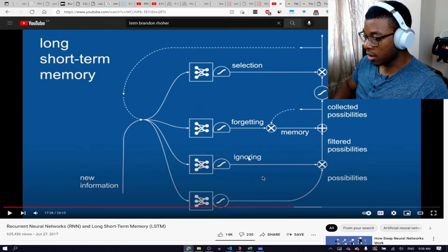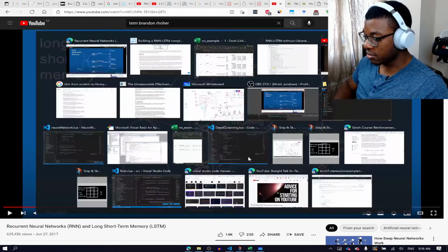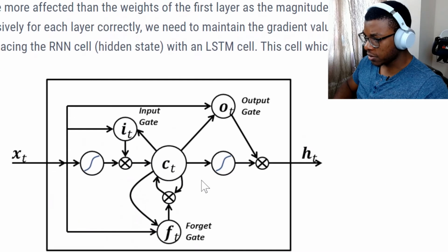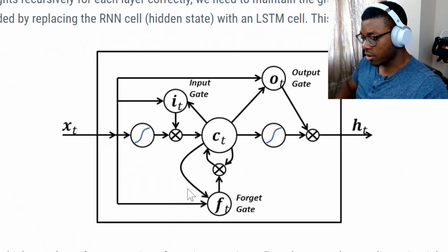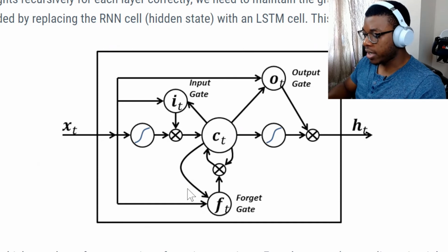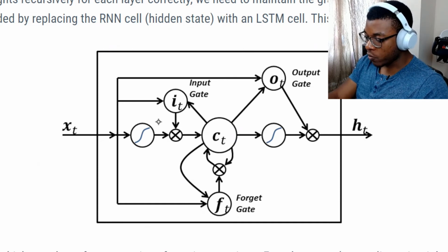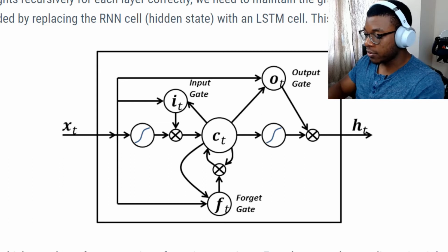I don't know why I'm so confused. Maybe putting it in code is confusing me a little bit. So you have what controls your inputs to the cell state. The cell state is essentially just our long-term memory. You have something that controls whether that cell state forgets things in the future. And then you have the output, which starts selecting stuff from your long-term memory and adds it to the output.